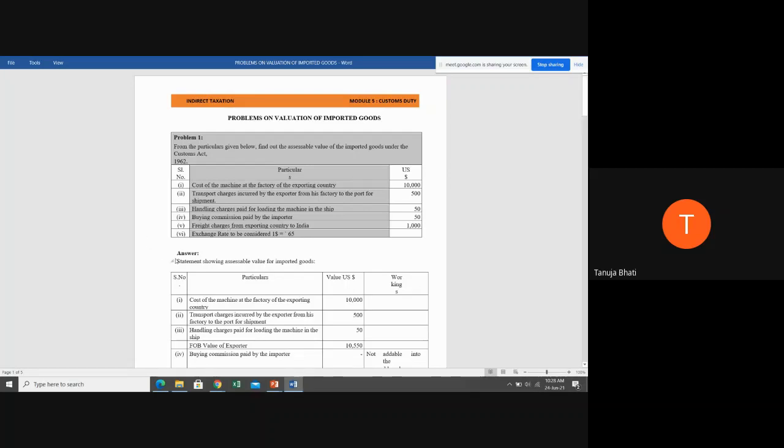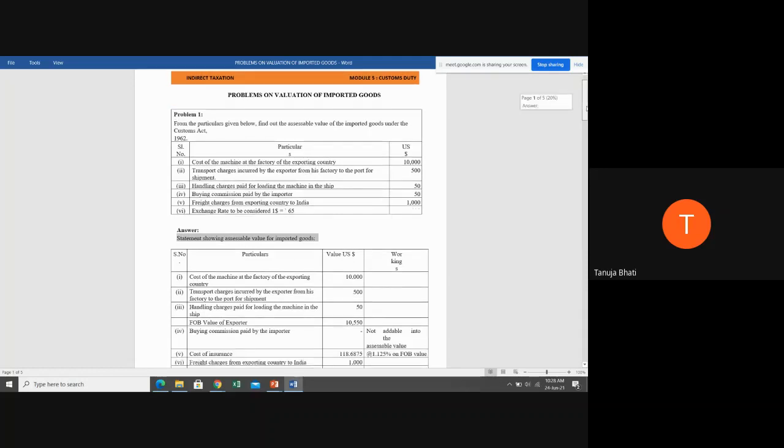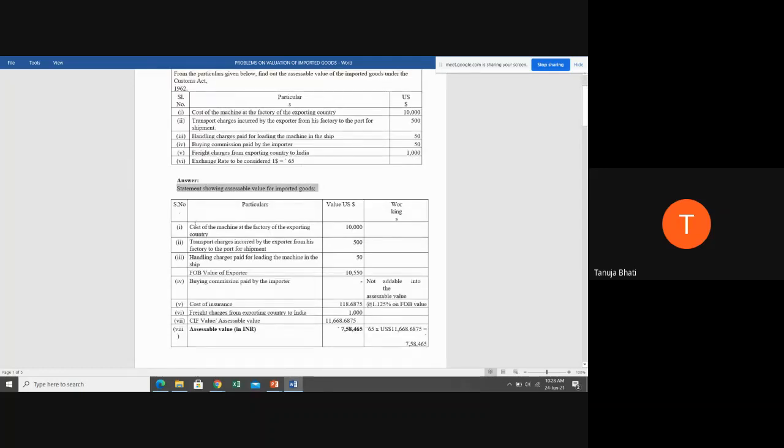So, statement showing the assessable value of imported goods. You can show the solution in any form you want. Okay, so serial number, particulars, value in US dollars, and your workings. So cost of machine at the factory of the exporting country is 10,000.